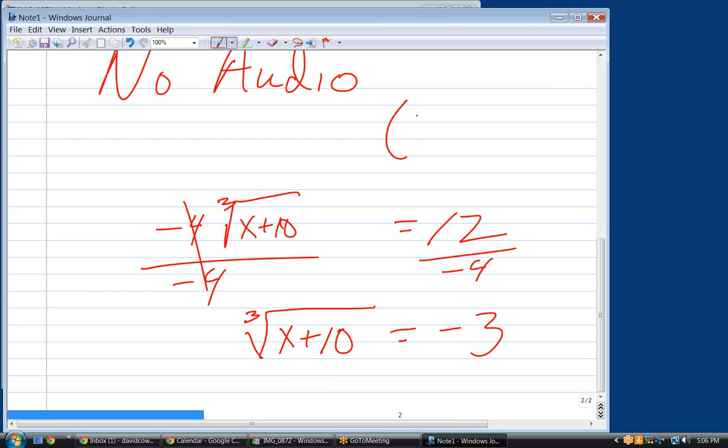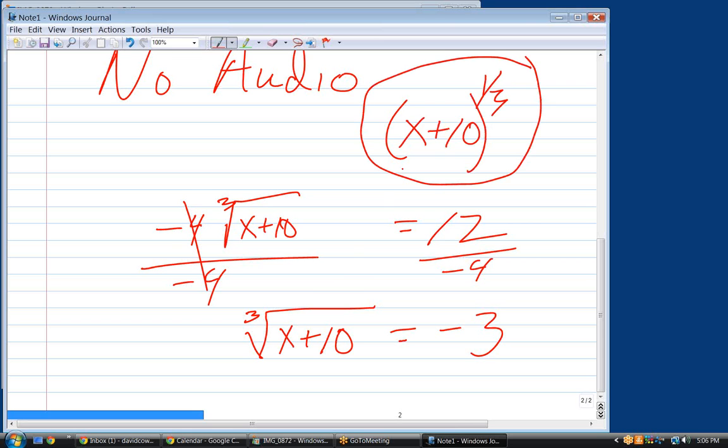See, what we're really looking at here, let's remove the radical sign and write it like this. This is the same thing as this. And if I wanted to get rid of that 1/3, all I would have to do is cube that side.